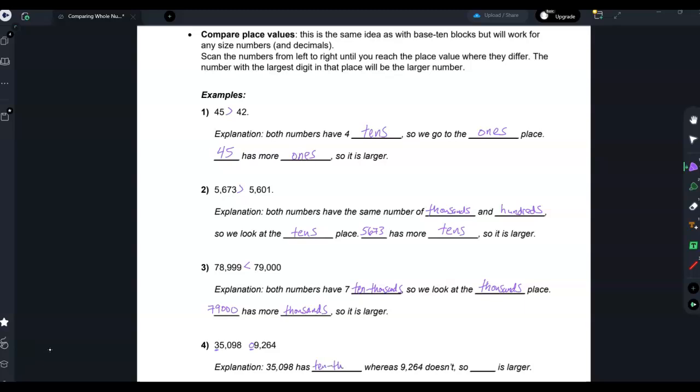And they are not the same, so we can go ahead and compare them and see which one is bigger. So between 3 and 0, 3 is definitely bigger, right? So you could also say that 35,098 has 10,000s, whereas the 9,264 doesn't, right? Because it's a 0 there. So that means that the 35,098 is the larger number. And that means I'll use a greater than symbol.